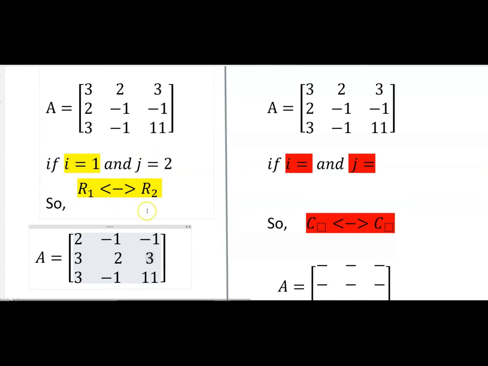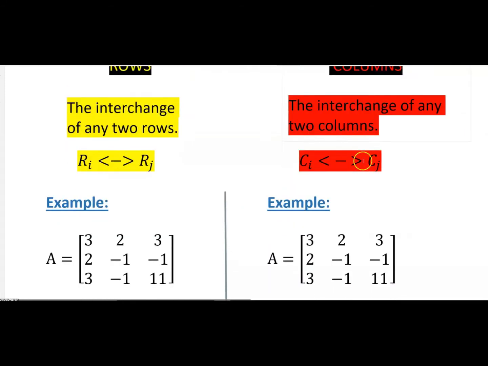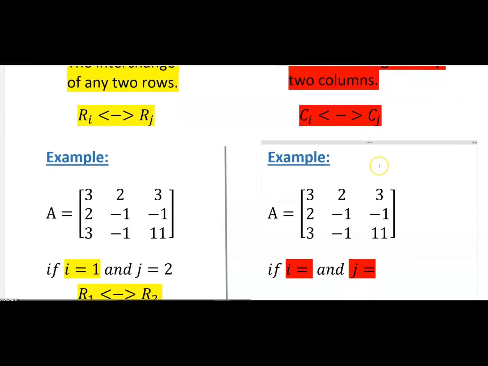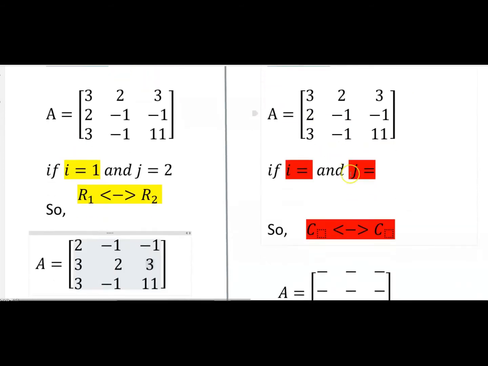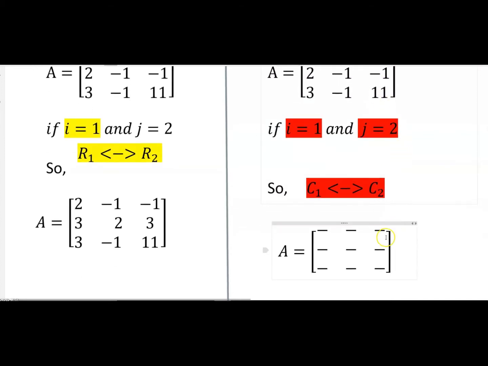The same operation we can apply to columns as well, like the interchange of any two columns, C_i interchange with C_j. In the example I take i as 1 and j as 2. It means the first column will interchange with the second one, that is C_1 interchange with C_2. There is no operation on the third column, so it remains as it is, that is 3, minus 1, 11.